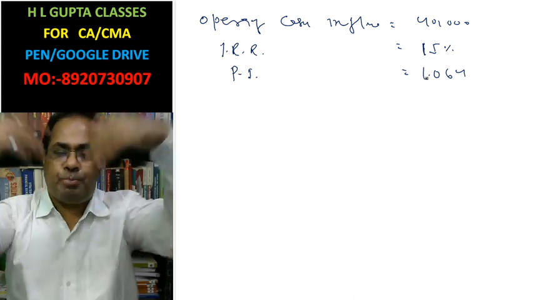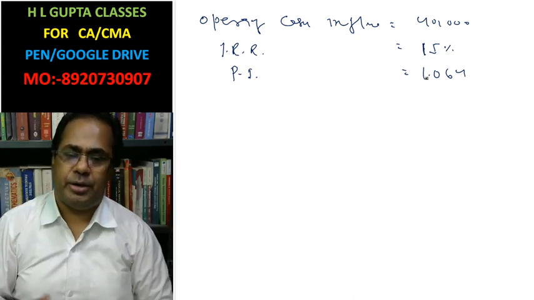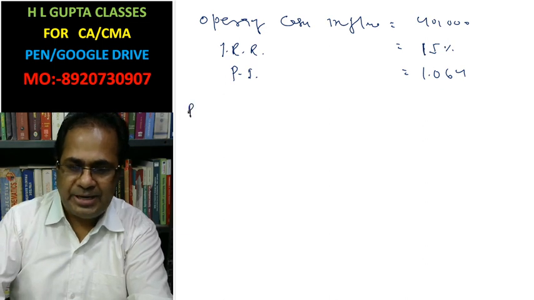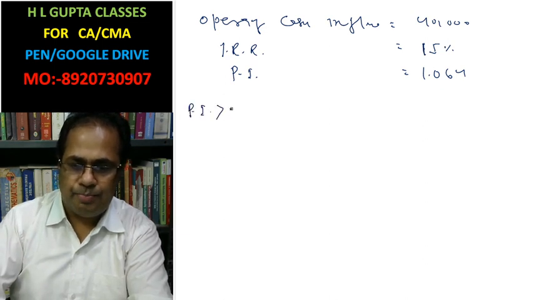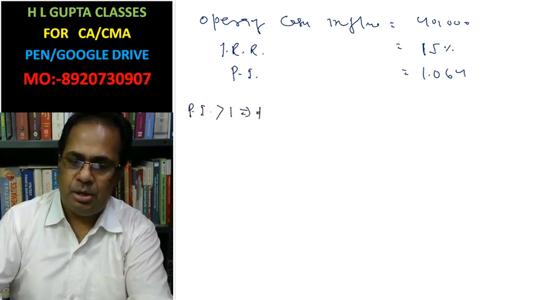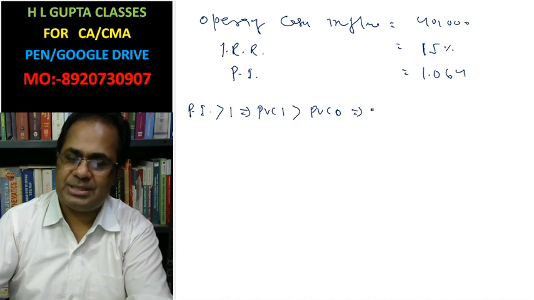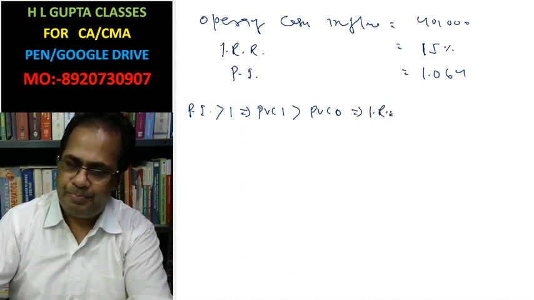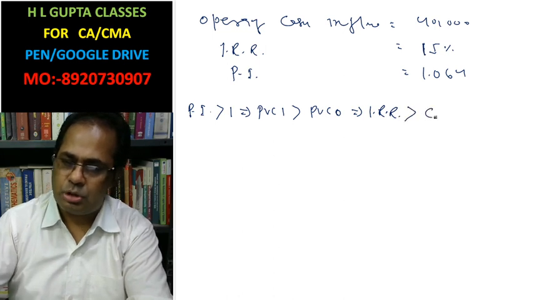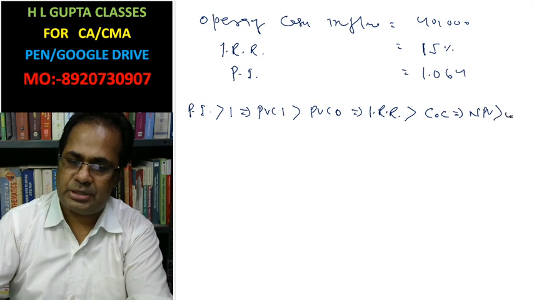Whenever profitability index is higher than 1, PI greater than 1 implies that present value of cash inflow is greater than present value of cash outflow. This implies that IRR is greater than cost of capital. This implies that net present value is greater than 0.